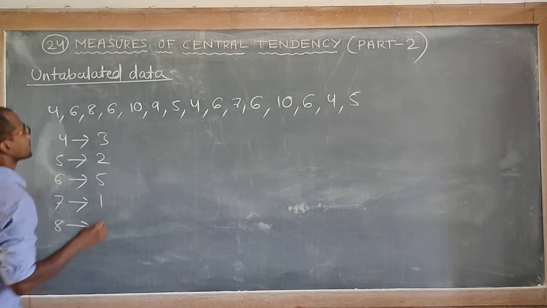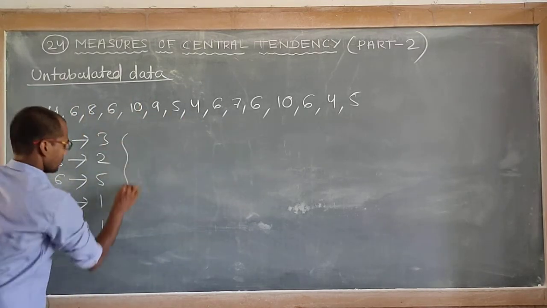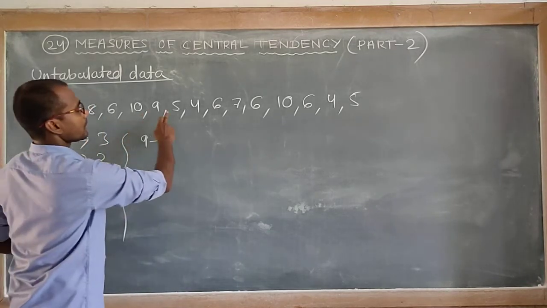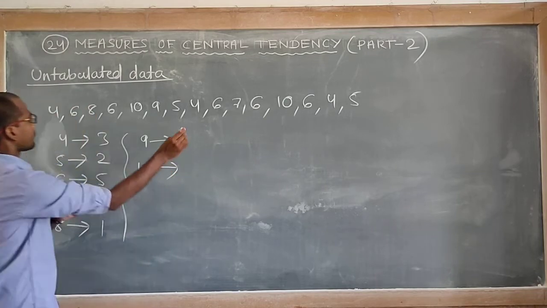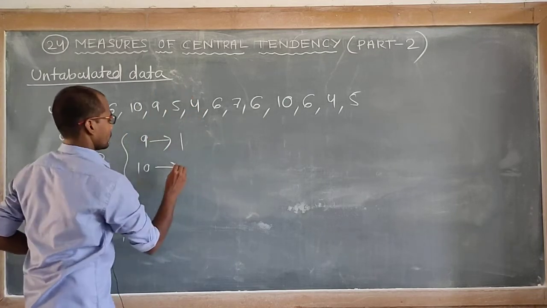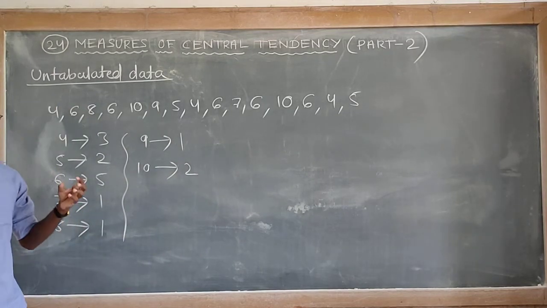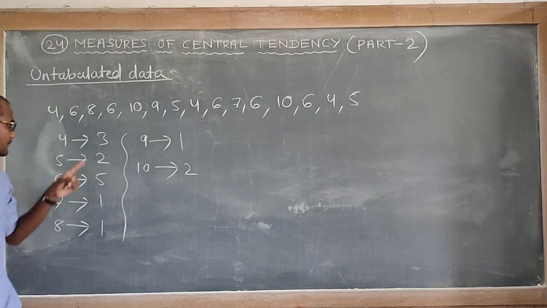Frequency of 8 is 1. Frequency of 9 is 1. Frequency of 10 is 2. Now compare the frequencies and see which datum has the highest frequency.